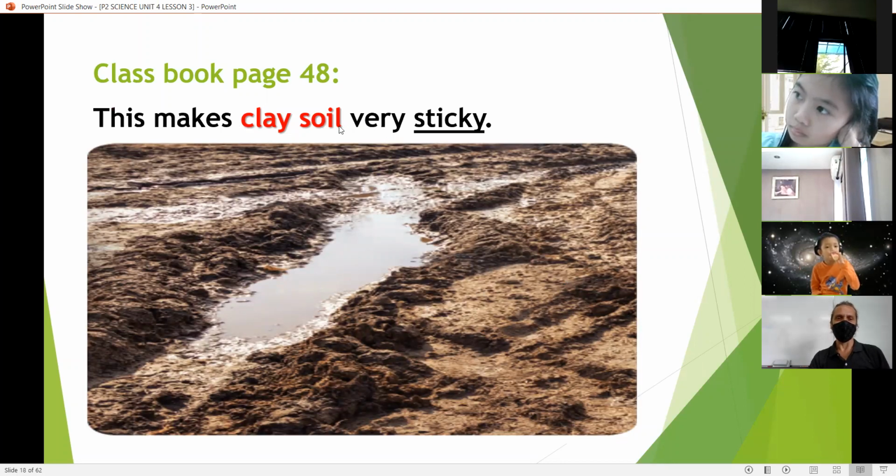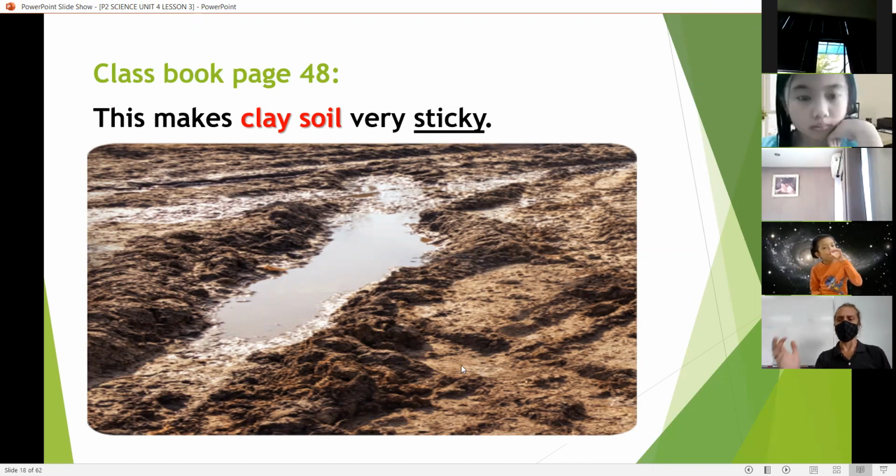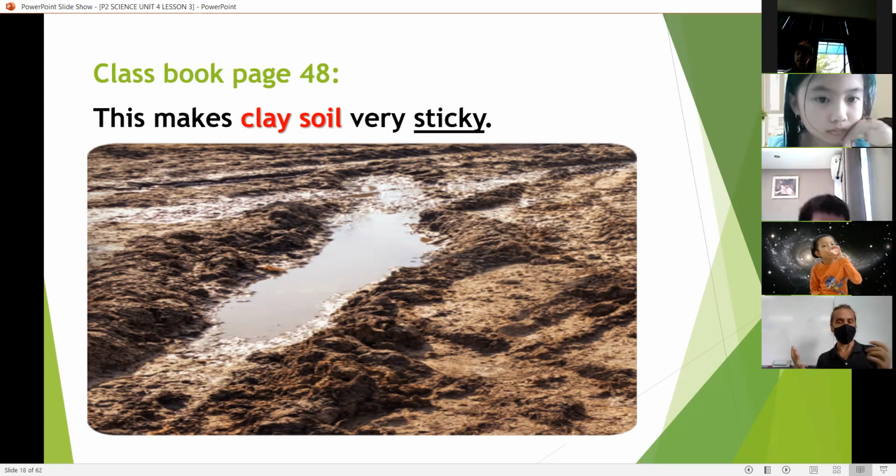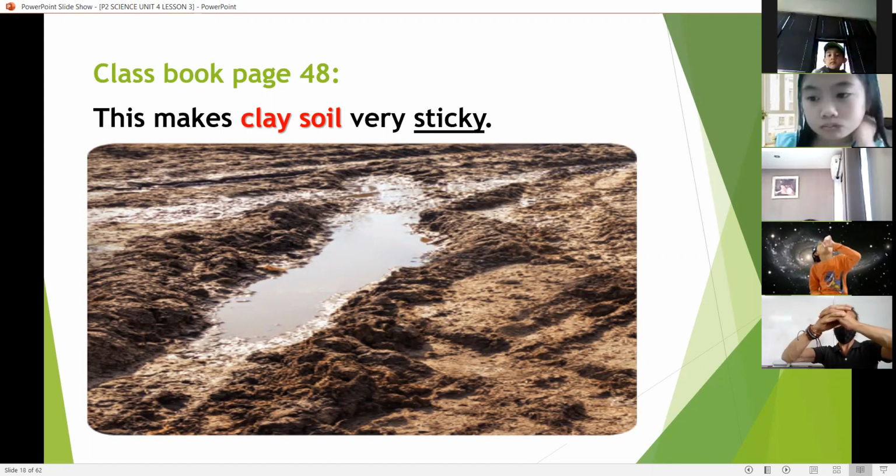So this makes clay soil very sticky, because clay soil can hold so much water. It is very, very sticky.